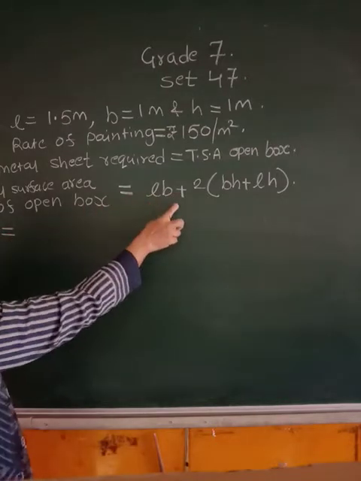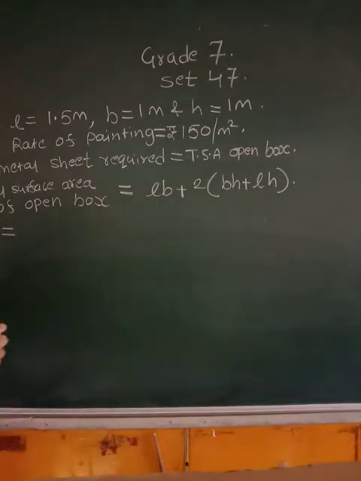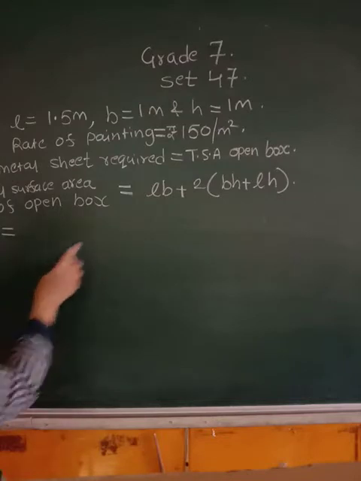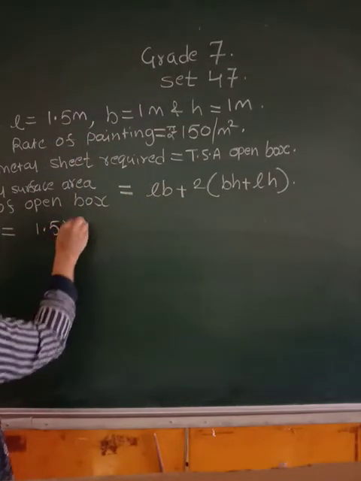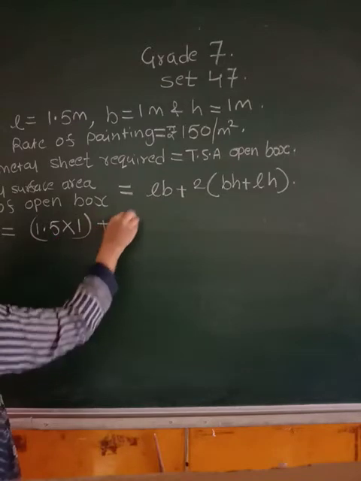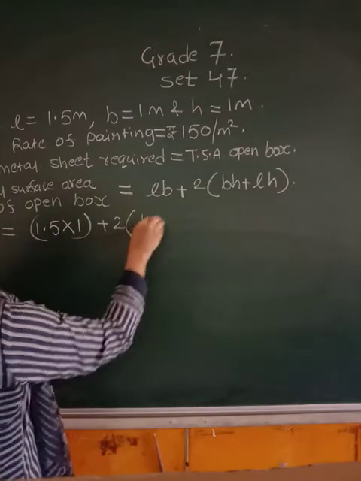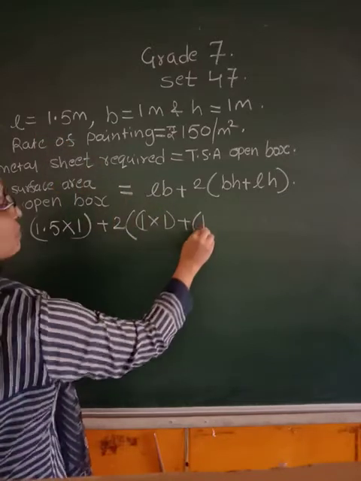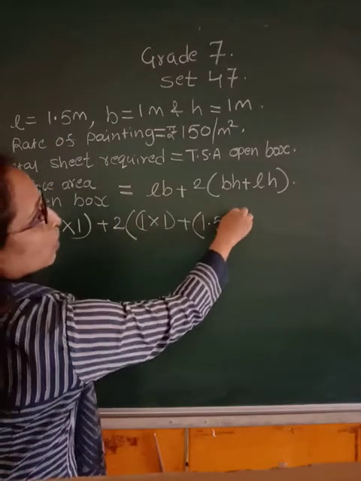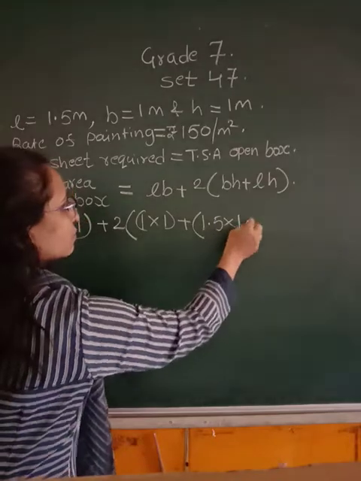So length into breadth: how much is the length? 1.5 into breadth 1 meter, plus 2 into, how much is breadth? 1 meter into height, also 1 meter, plus length 1.5 into 1.